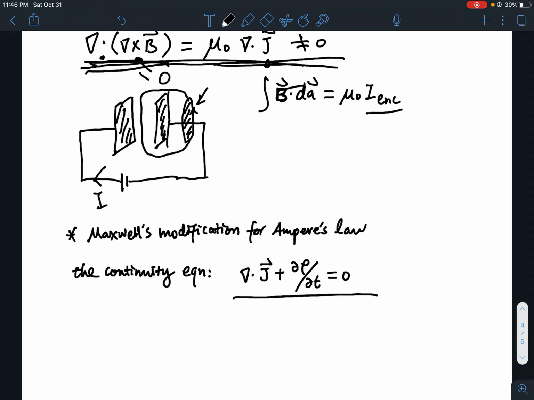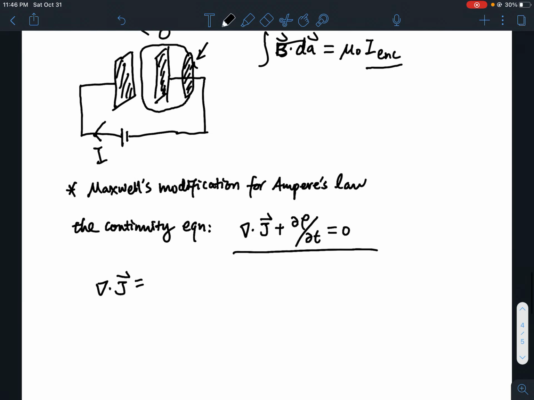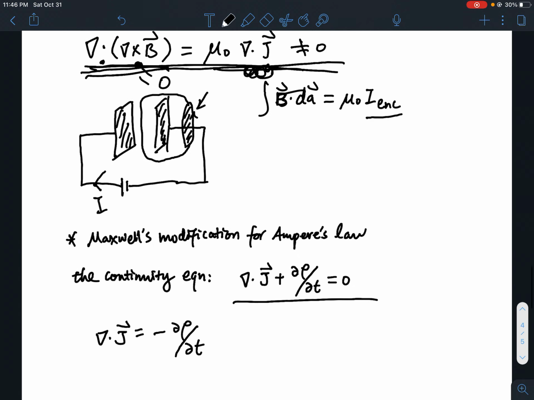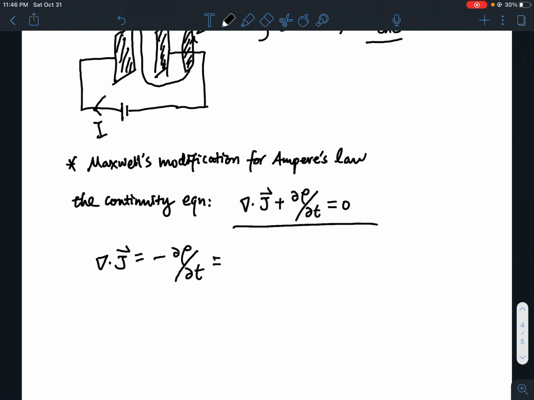And we said there are problems with del dot J. So we can look at this del dot J. What we have is minus partial rho over partial t. And because rho is, you can see from here, epsilon 0 times del dot E, this is really epsilon 0 del dot E.